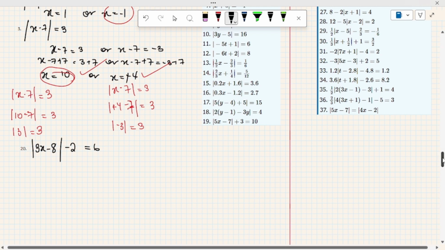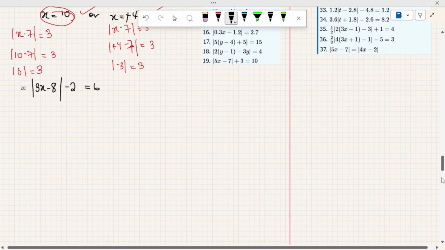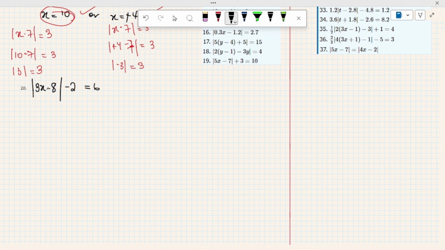So basically what you do here first is make sure that the equation is in a much simpler format, right? So you need to get rid of this negative 2 first. How are we going to go about that? It's simple, guys. It's going to be the absolute value of 3x minus 8, minus 2 plus 2, is equal to 6 plus 2, right?